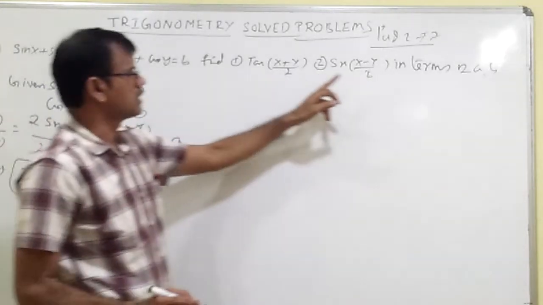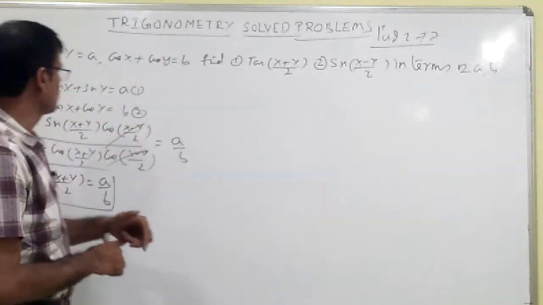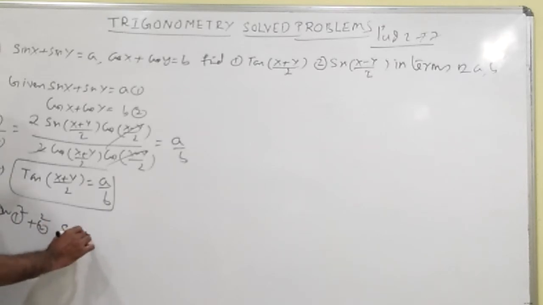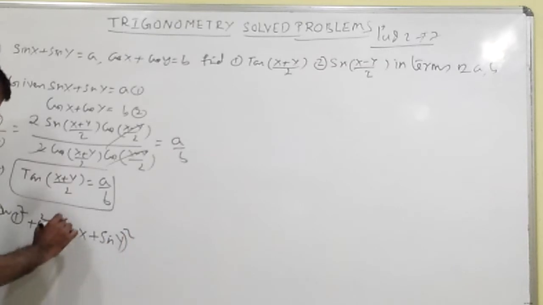Now we need to calculate the value of sin of (x minus y) by 2. Let us square and add the first equation and the second equation. Why? Because you will get a formula depending on the sin square terms and cos square terms.